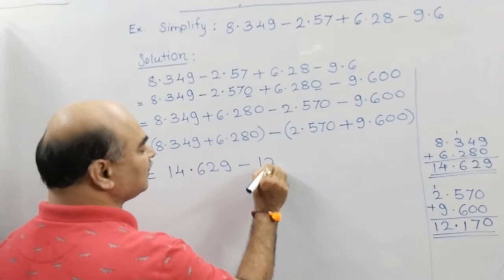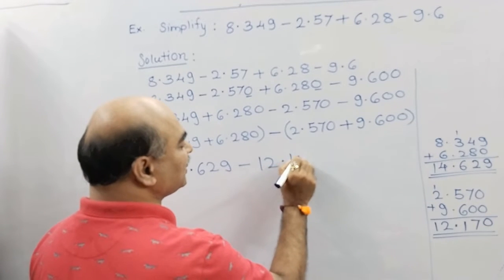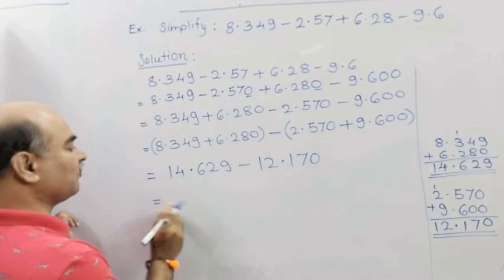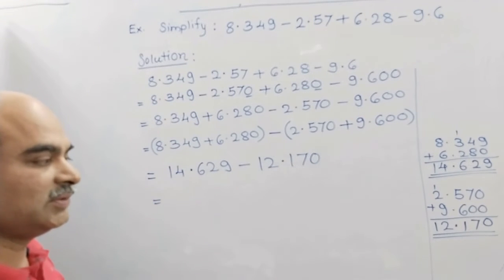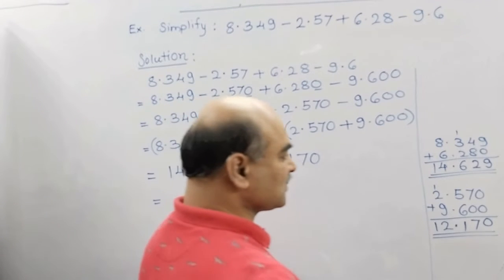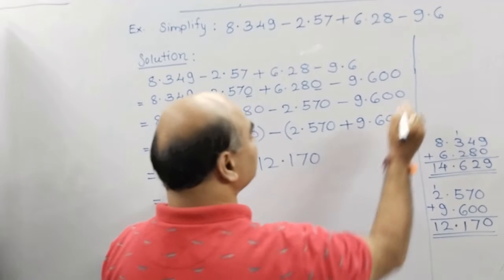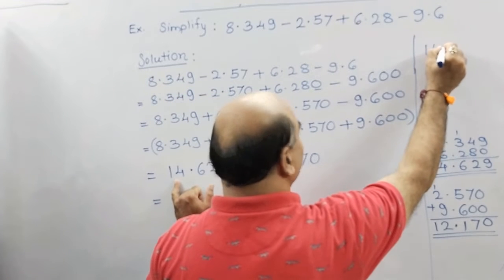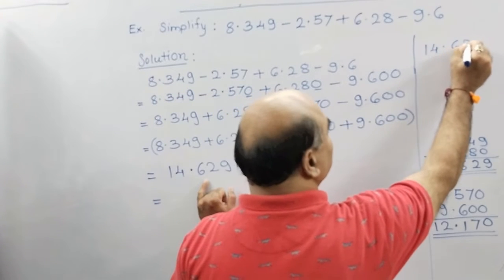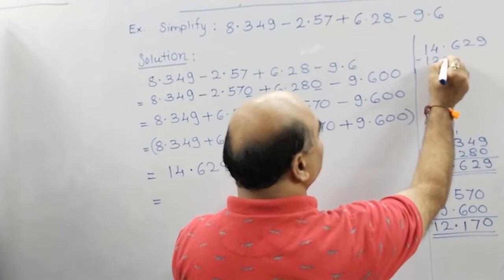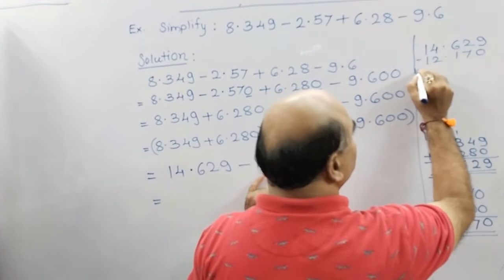So the next addition we got is 12.170. Now find the answer of this subtraction, which is simple. The subtraction we take here is 14.629 minus 12.170.